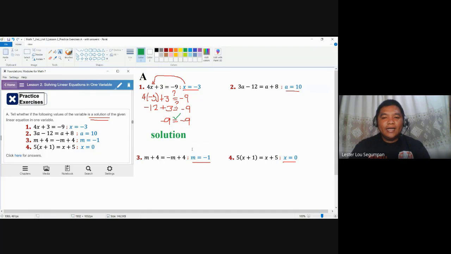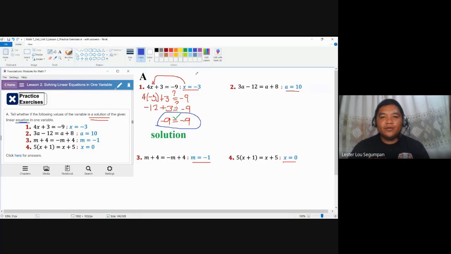So we can only say it's a solution if we reach this point here, not this area here. Even if it's too obvious, it should reach an equality because we are determining whether it will stay as an equation or not.